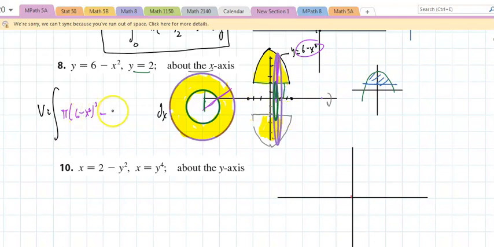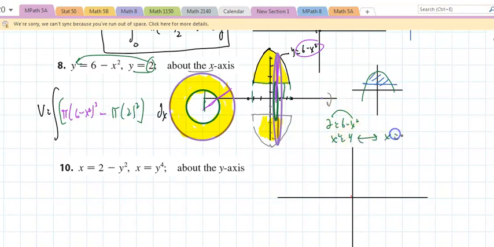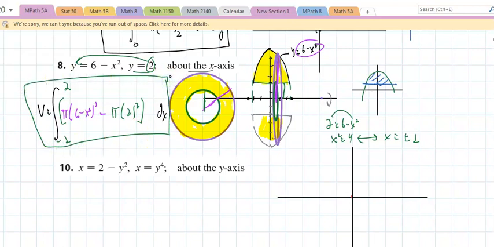That would be pi times, isn't that only 2 units? Integrating from x equals what to x equals what? If I replace y by 2, I get 2 equals 6 minus x squared, so x squared equals 4. So x will equal plus or minus 2, from negative 2 to positive 2. And that would be my answer.